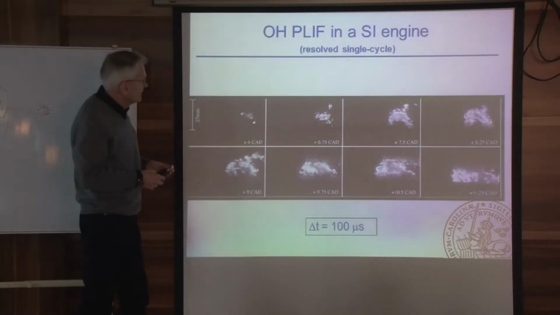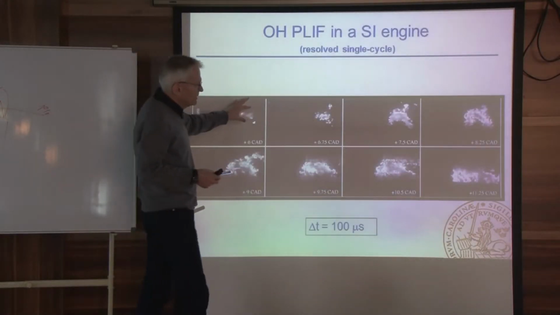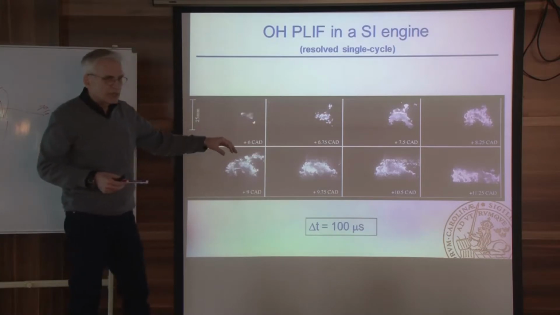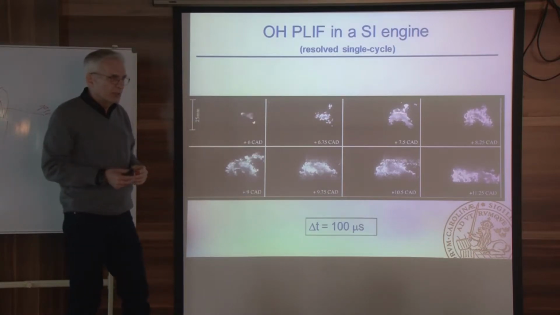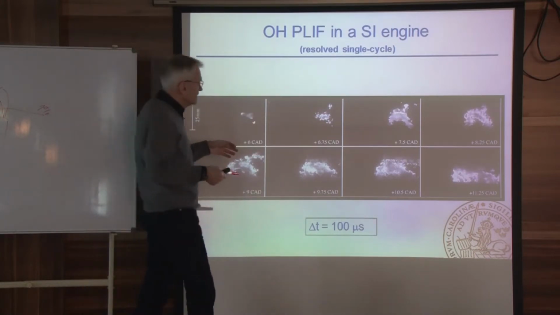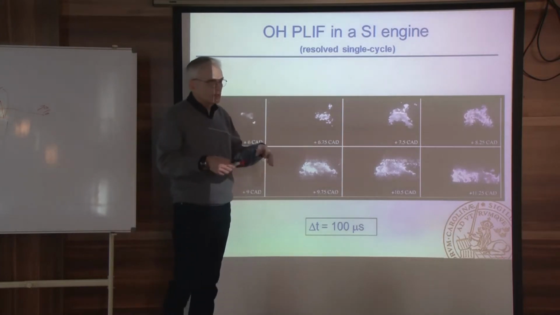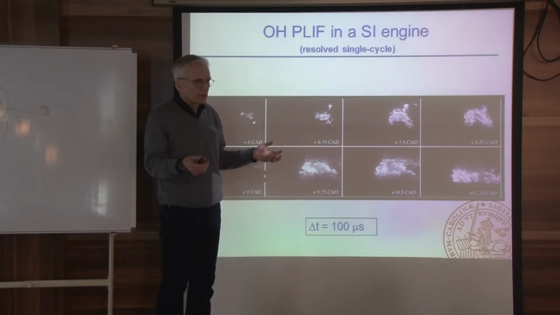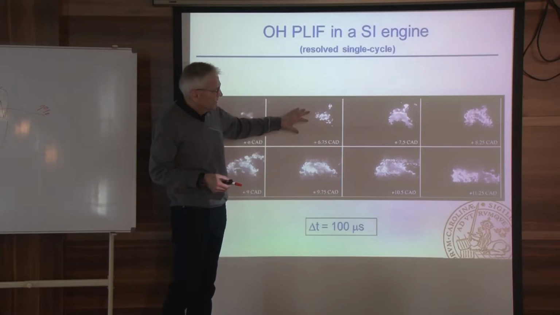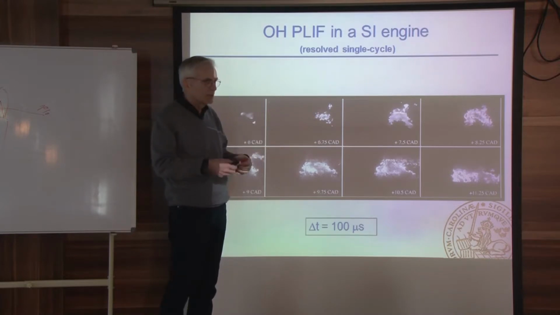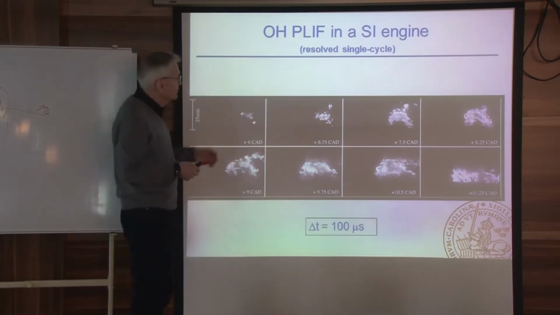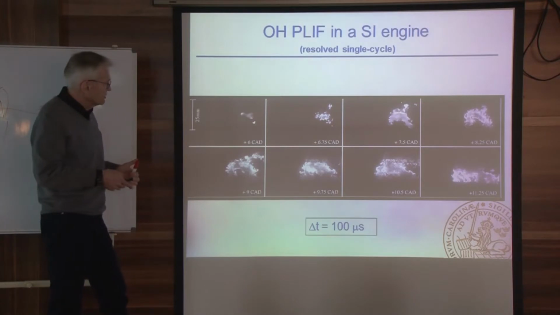I didn't have that for the HCCI, but we have done the same there, and the HCCI is a completely different combustion mode, where you have a sort of auto ignition more or less all over the place. It's not a flame development, but how the fuel is consumed as compared to the spark ignition engine.